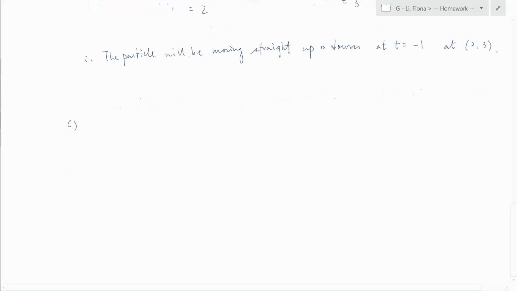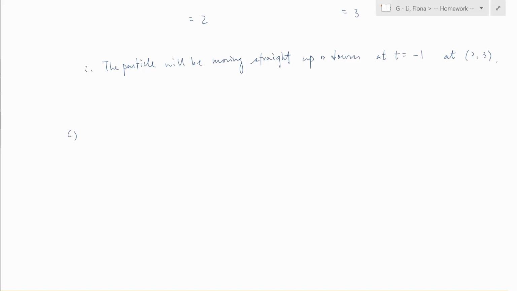And so in order for a particle to be moving parallel to the x-axis, dy/dt has to be equal to 0, but dx/dt not.